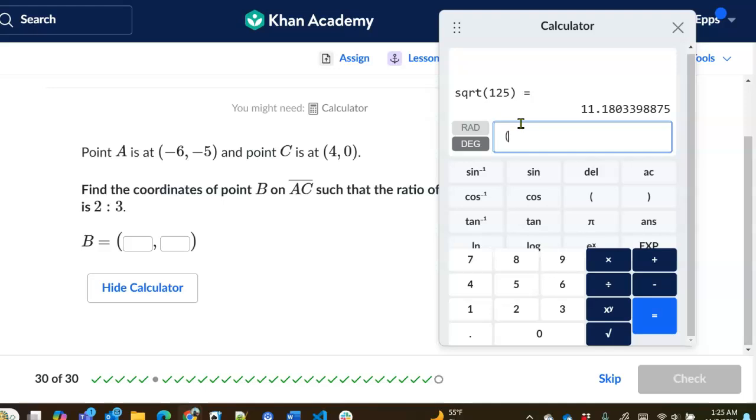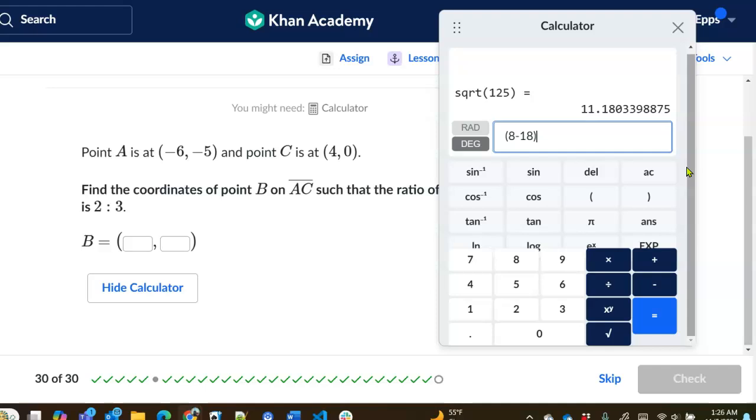M times x2 is 2 times 4, which is 8, plus n times x1, n is 3, x1 is -6, so that's -18.